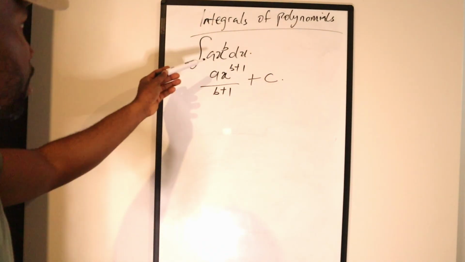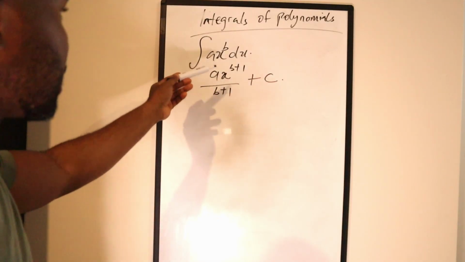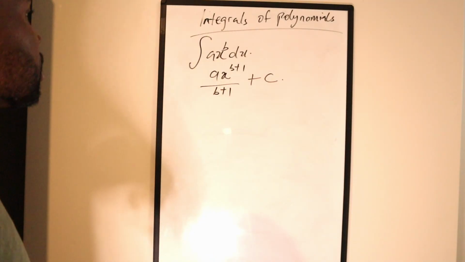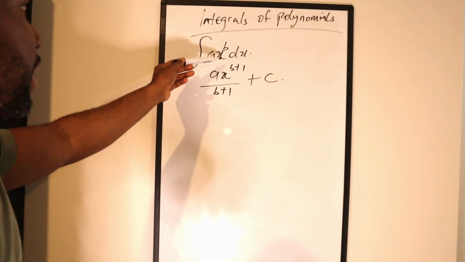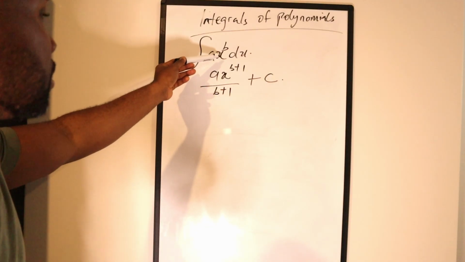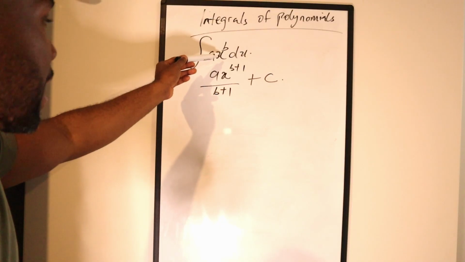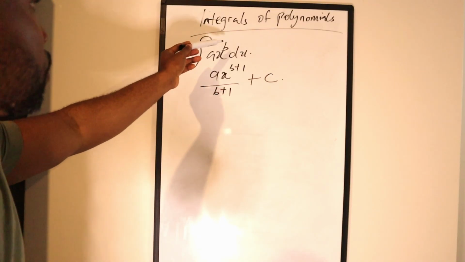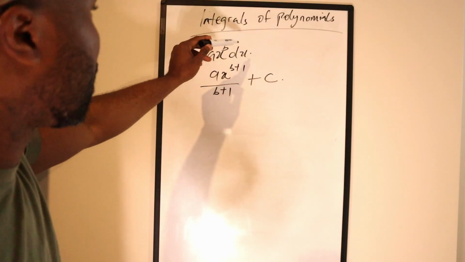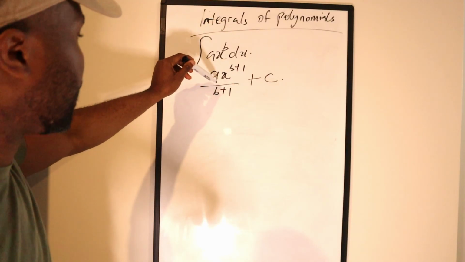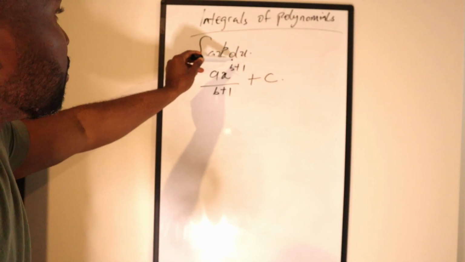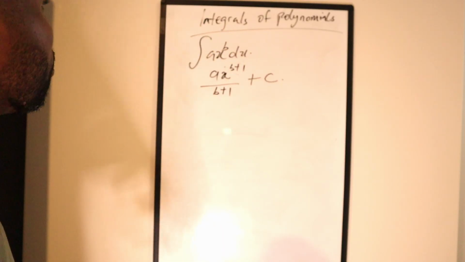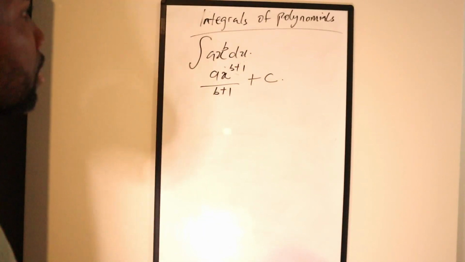Whenever we see a polynomial problem like that, we need to consider the power of that derivative. The derivative is x right here, and we need to add 1 to the power and divide by whatever we have here. We divide it by that number. So this can be replaced with a number.